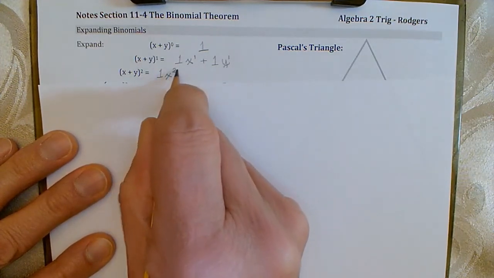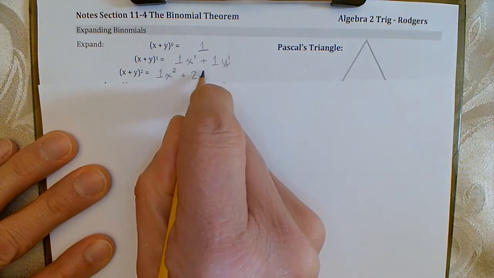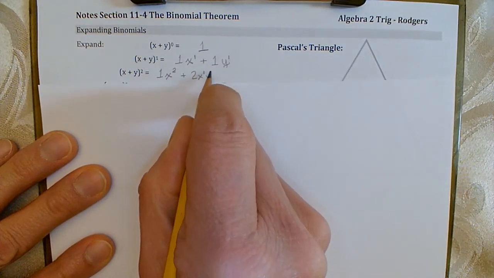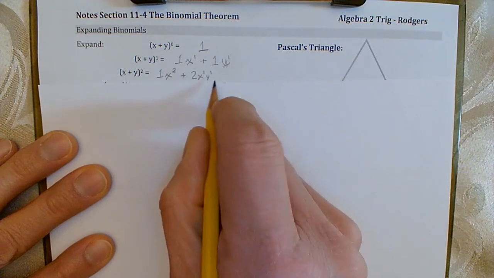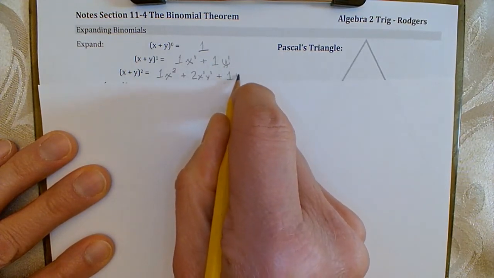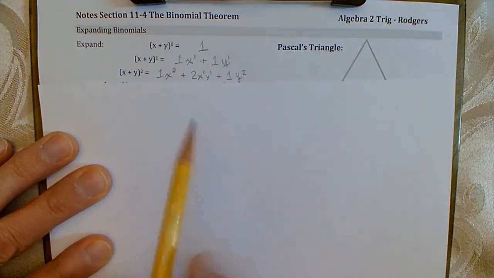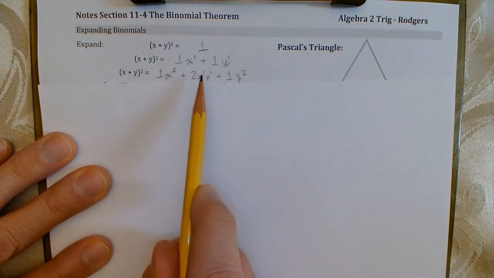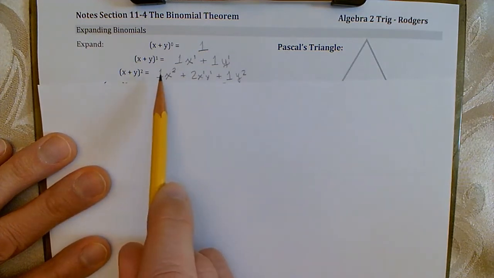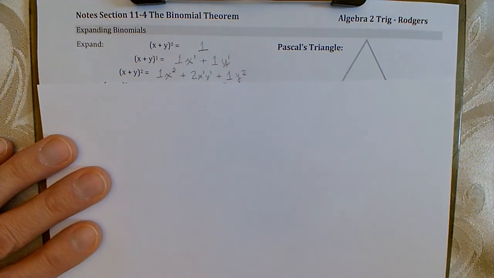So it's 1x squared plus 2x, again, to the 1, y to the 1, and then plus 1y squared. Okay, so again, normally we wouldn't really include the exponents here on the 1 exponents, and we wouldn't include the 1 coefficients, but we're going to here, and it'll make sense why in a minute.